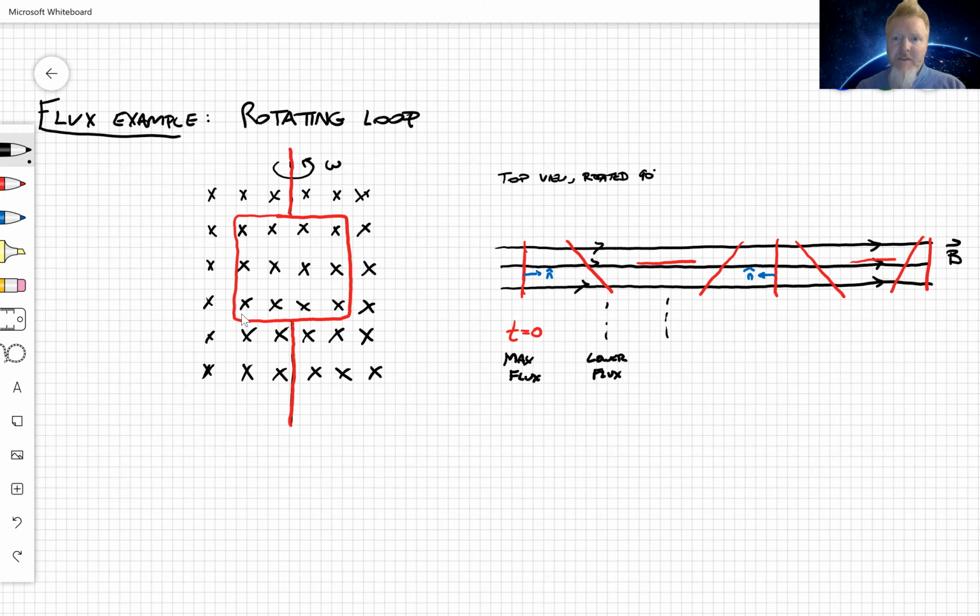And then by the time you get to this one, can you see that there's zero flux? Then you're back to something that's intermediate, maybe, is a better way to think about it. In between.